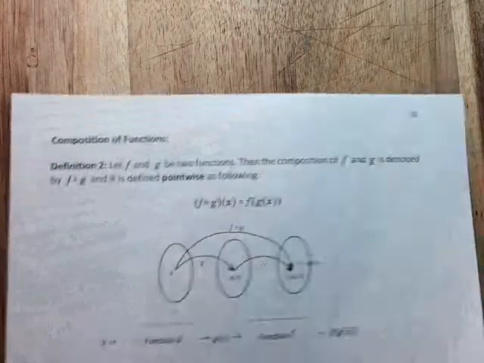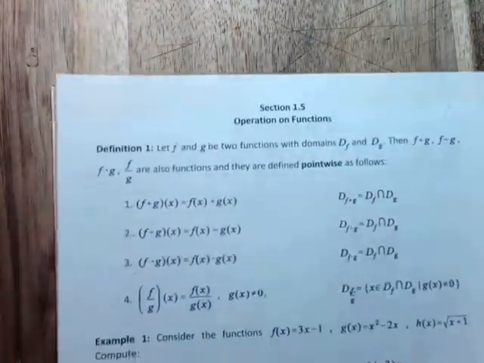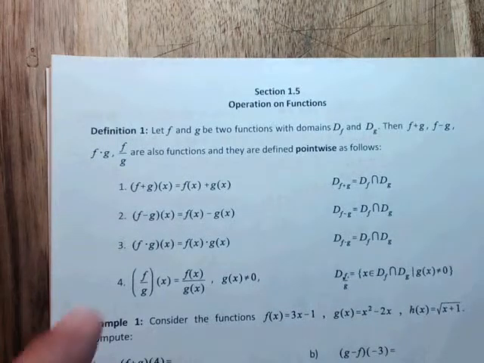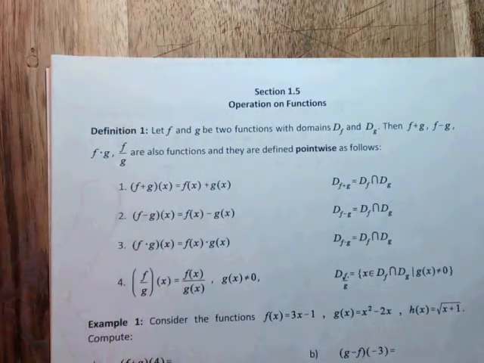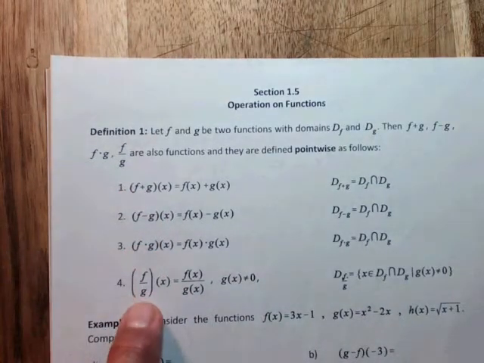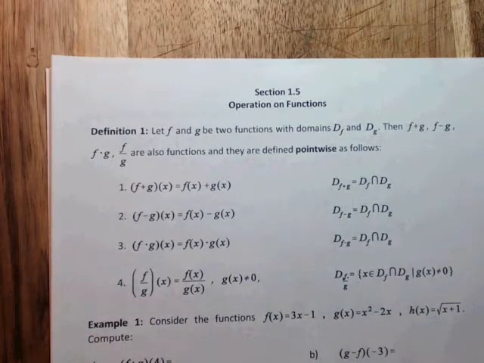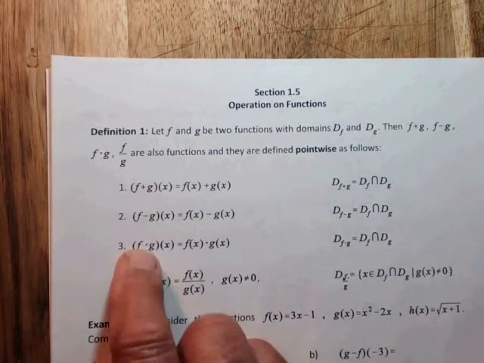So we did review this quickly before we continue to the next concept. We had these 4 operations here, familiar operations like addition, subtraction, multiplication, and division. And notice that for multiplication I use a dot.